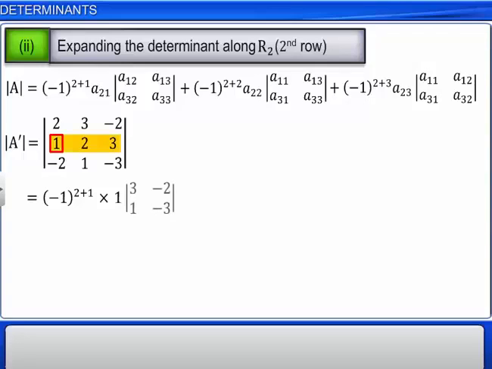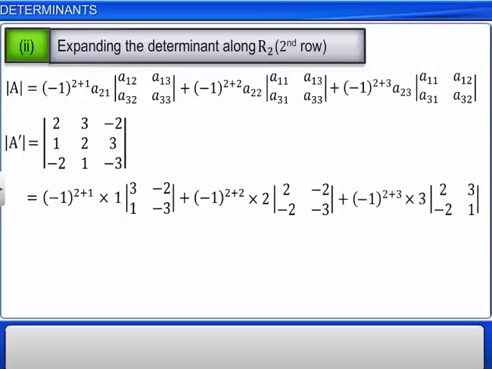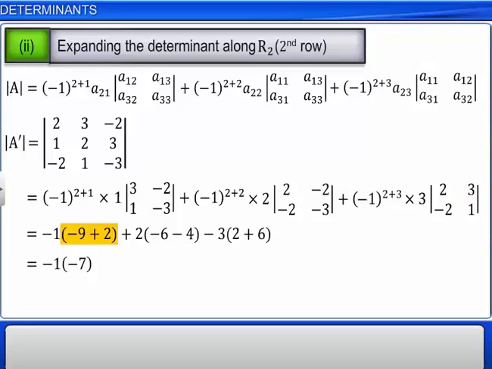Similarly, the other two terms can be obtained. On simplifying, we get determinant of A' is equal to minus 37.